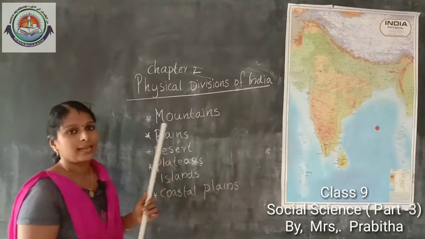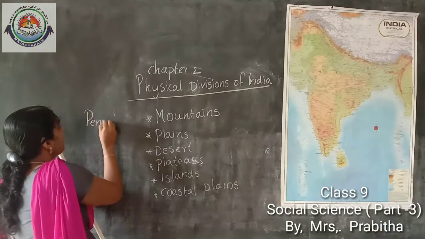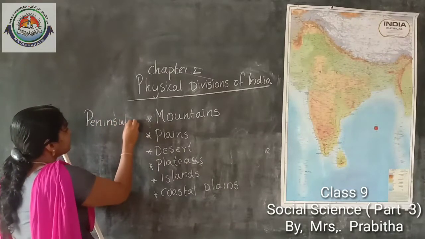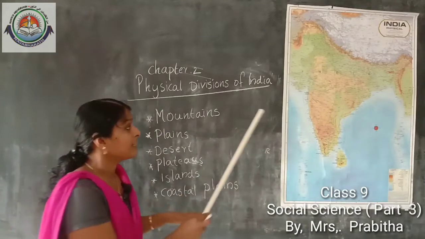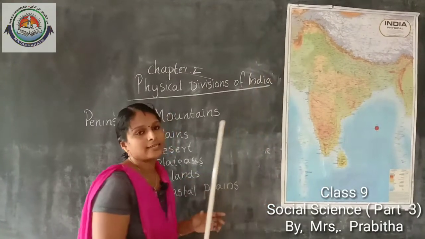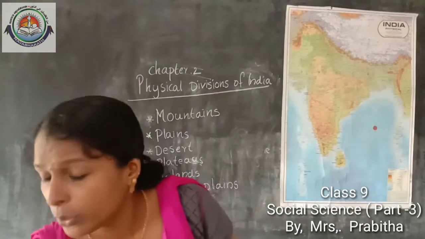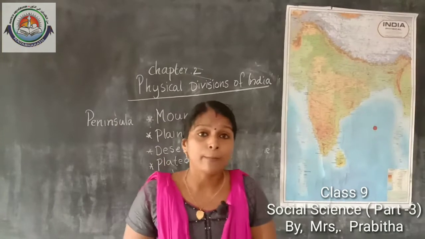So we can say India is a peninsula. Peninsula means three sides are covered by sea and one side is land. I hope everybody understood how to locate these physical divisions on the map.